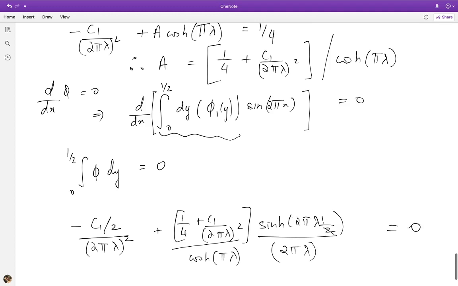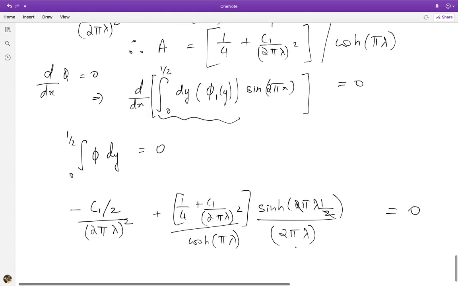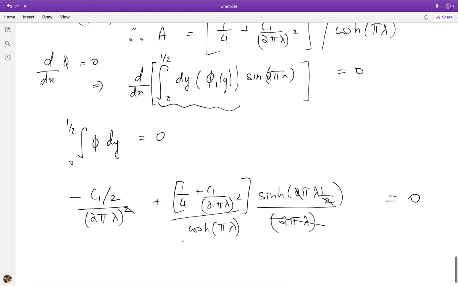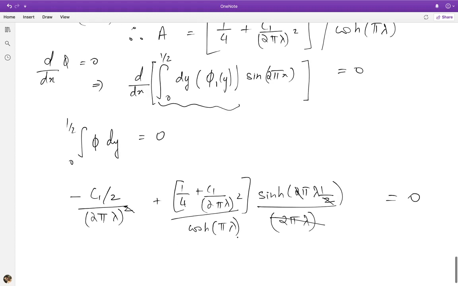So the half cancels out with the 2, and I can remove a 2 pi lambda factor entirely. This sinh by cosh just becomes tanh. So I have tanh times 1 by 4 plus tanh times this constant equal to minus half of the same constant, without the 2 pi lambda.